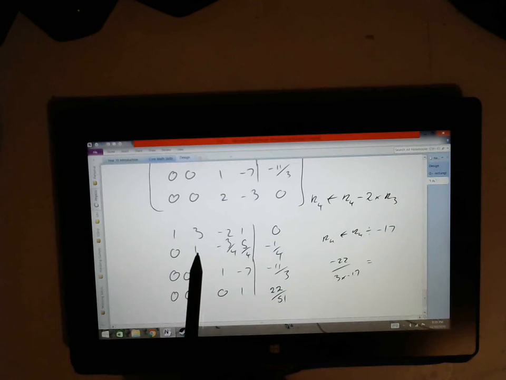So 3 groups of 0 is 0, 1 take away 0 is 0. 3 groups of 1 is 3, 3 take away 3 is 0. Minus 2 take away 3 times minus 3 over 4 is negative 2 take away negative 9 over 4, which is some number. Same thing for that, same thing for that. And eventually you would work your way through in order to solve out those numbers.